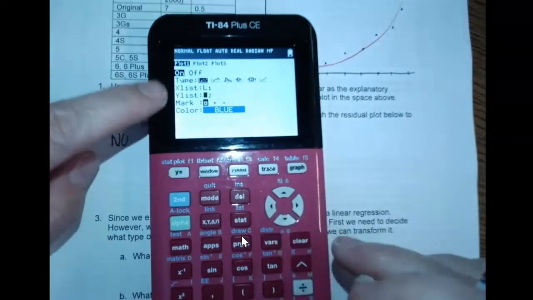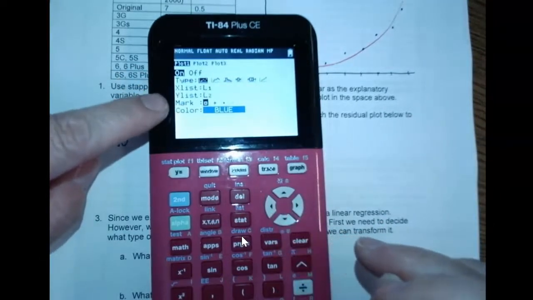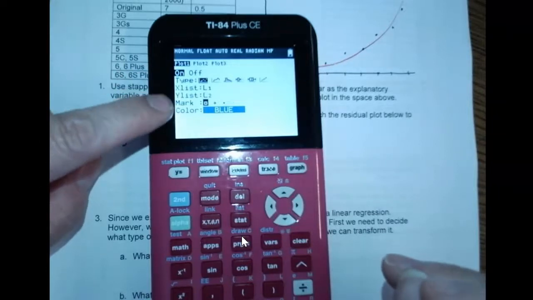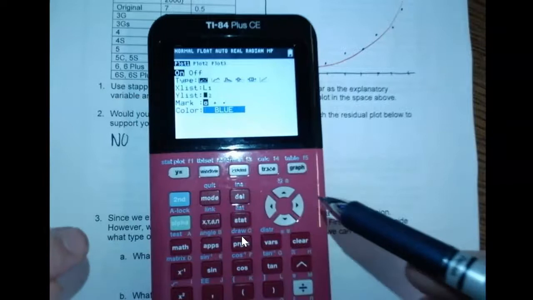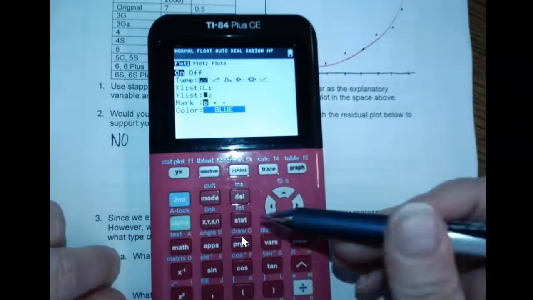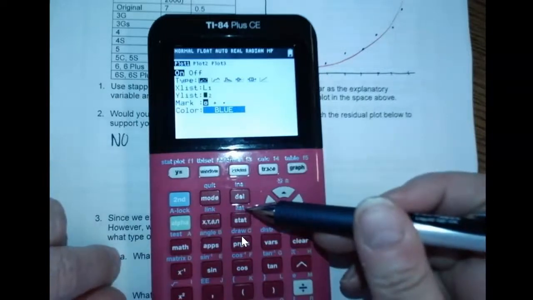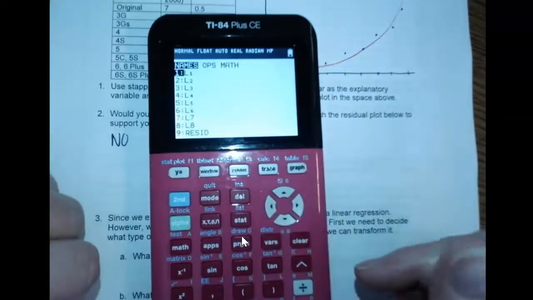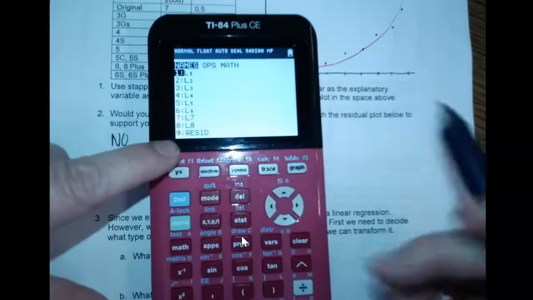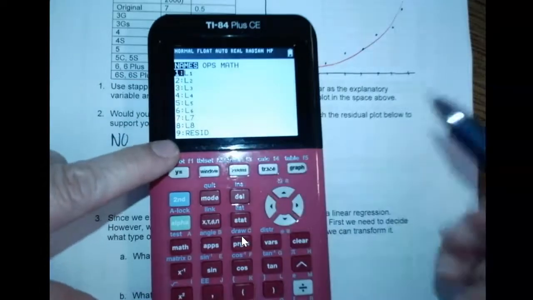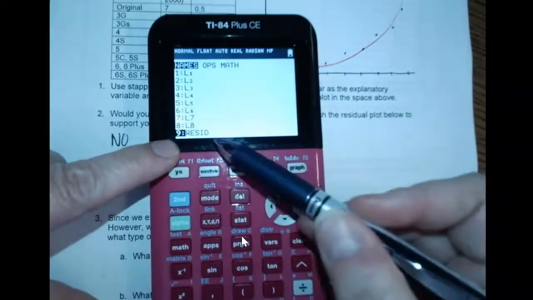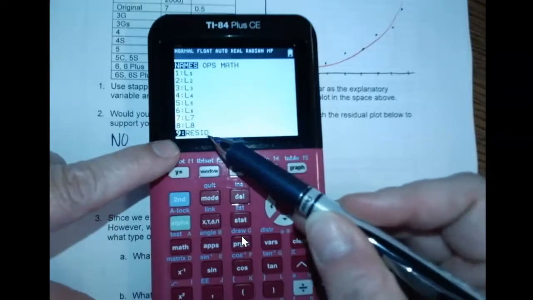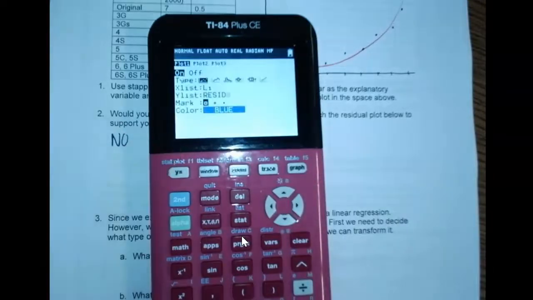Instead of list 2, because that's our y's, we want our y's to be our residuals, so we can actually tell it to find our residuals because we've already calculated what the line is going to be, so it knows what to do. So right above stat, you see this where it says list. So I'm going to say second stat, and here's a list of the lists, and all the way down at the bottom it said resid. That's for residual. So I want my y values to be the residual, so I'm going to hit enter.